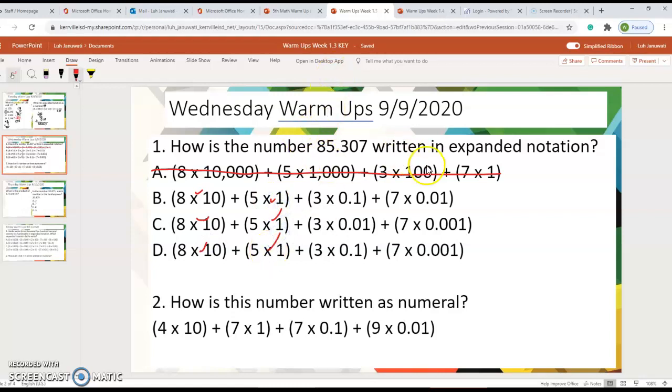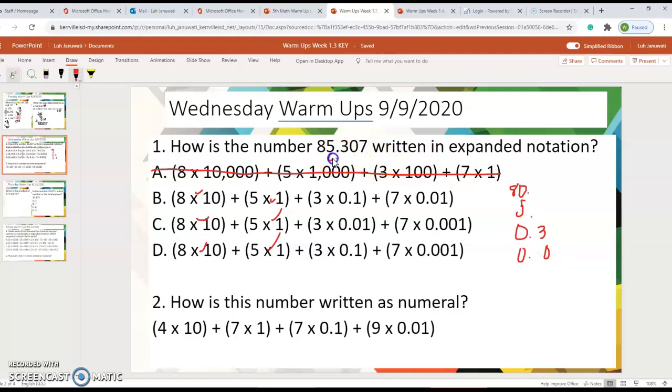So now you need to think about 80, remember your dot, 5, decimal point, and you need to write your 0.3, right? And 0.0, remember this one?